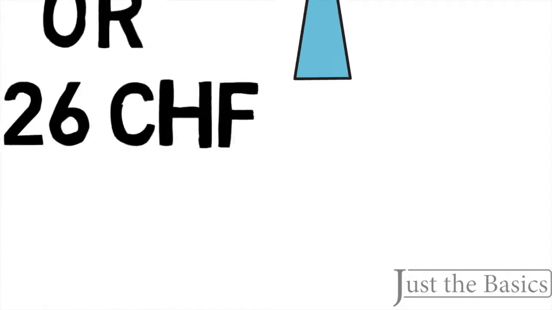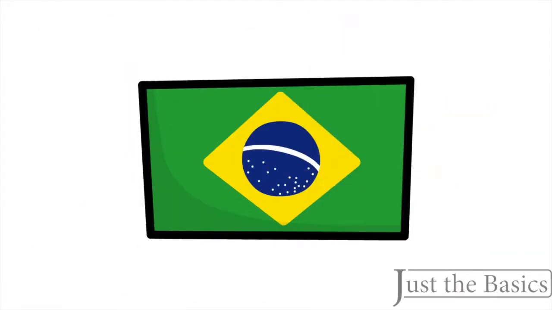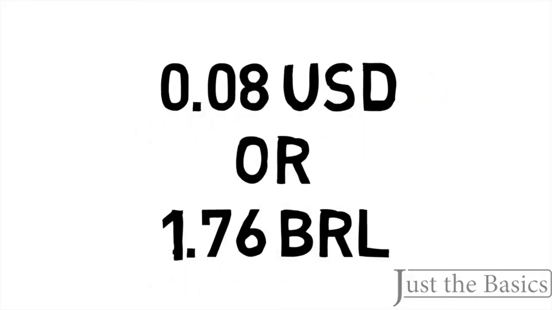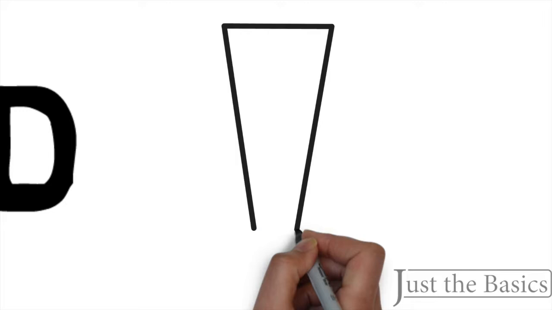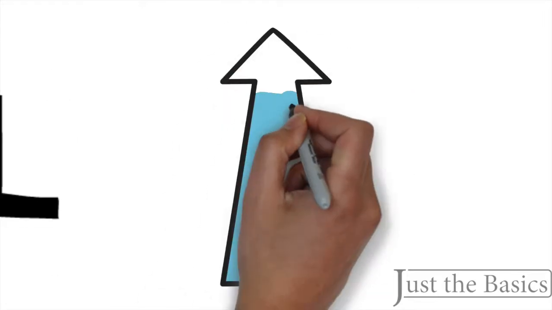Now, what do you think happened in Rio? Did the price go up or did it go down? Funny enough, the cost of milk decreased 8 US cents, but it increased in reais by 176. And next you have Moscow.